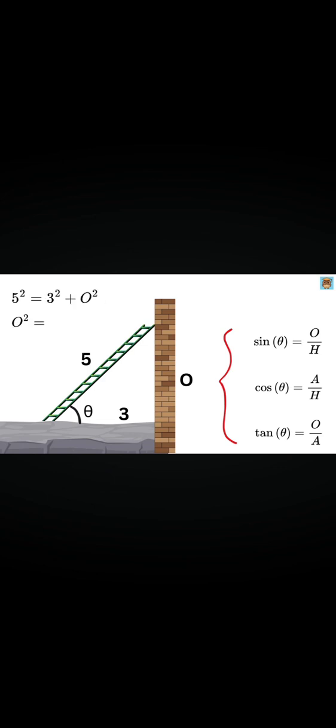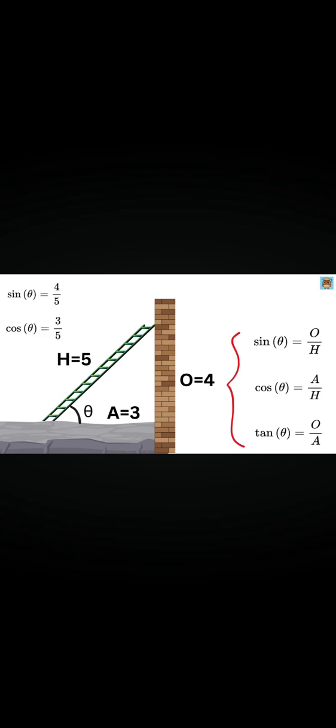So, we get O squared equals 25 minus 9, or 16, and thus O equals 4. Now we have the hypotenuse, or H, equals 5, and the adjacent side, or A, equals 3. So, using this, we get sine of theta equals O over H, or 4 over 5, cos theta equals A over H, or 3 over 5, and tan of theta equals O over A, or 4 over 3.